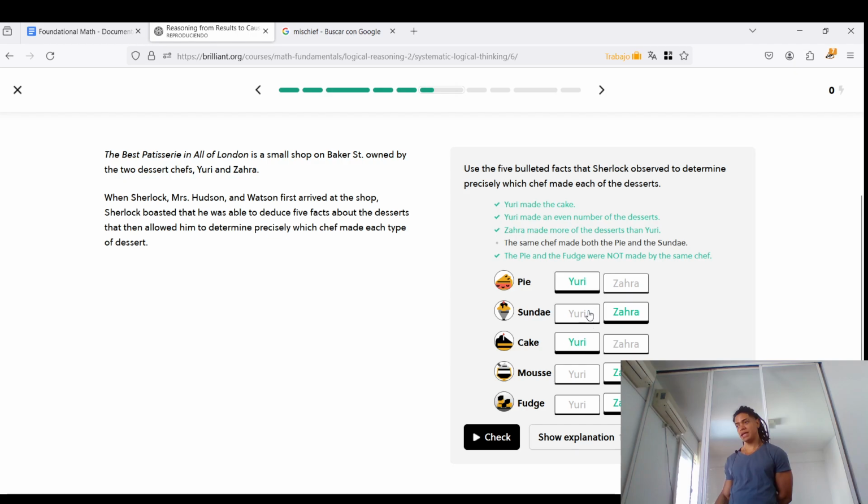But Judy made the cake here. Judy made an even number of desserts, okay, and this even number can be 2 or 4.